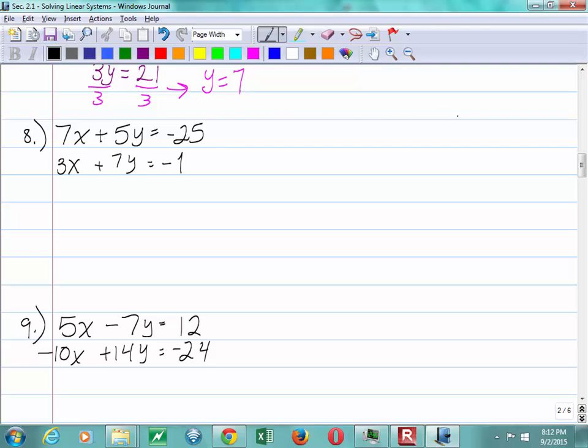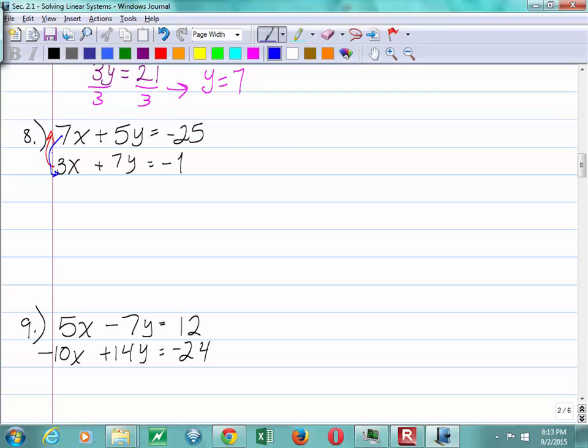And really, it doesn't make any difference. So I think I'm going to go with, let's eliminate the x's. So if I want to eliminate the x's, I would need to multiply the first equation by 3 and the second equation by 7.